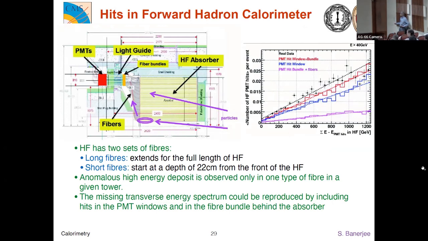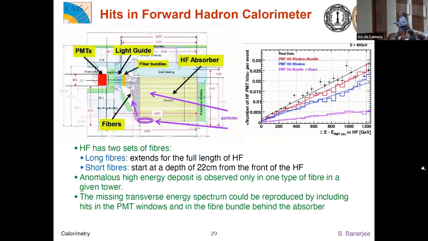We also produce light in the fibers which come behind the absorber, and if some stray light comes in, it can also produce signals in the HF. At least in our simulation, we have also tried to simulate that, and we can explain everything with that.